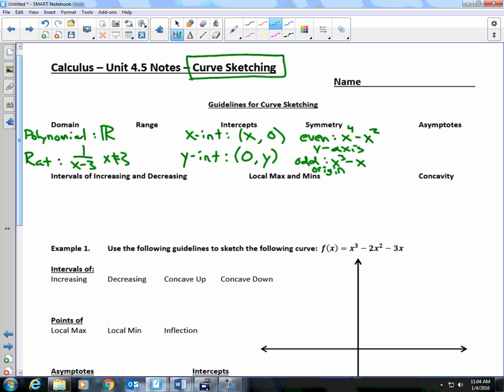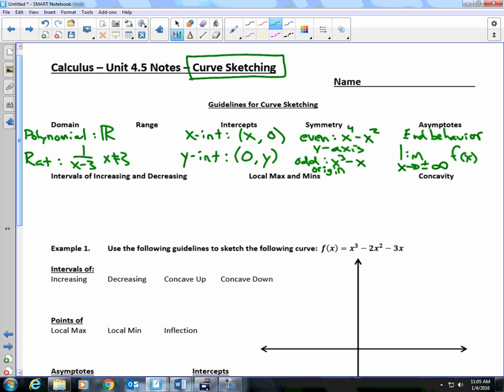Asymptotes. Well, asymptotes, in this situation, we would have a vertical asymptote of x is equal to 3, correct? We've learned that before. But often with asymptotes, we also want to look at end behavior. And this is where we're going to apply this idea: the limit as x goes to positive or negative infinity of the function.